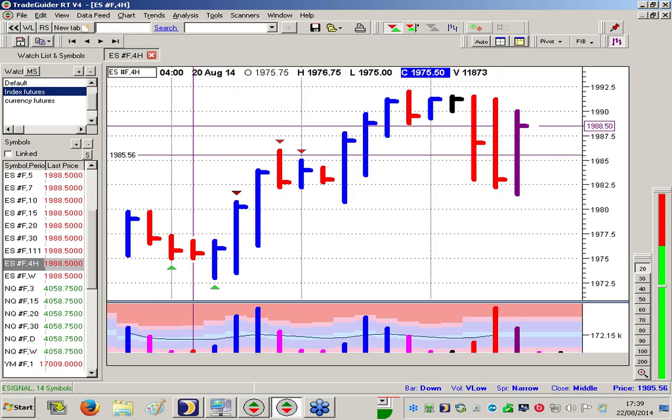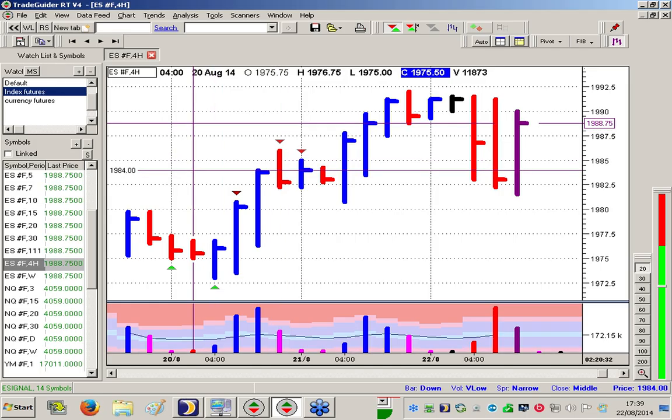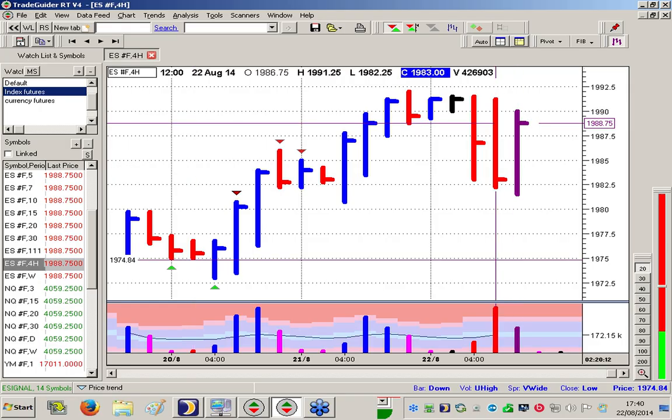Now, look, if you draw a line across there, right, lo and behold, there they go. They're testing that level, look. It's the level that's important. Look how they plummeted down here today, or whenever it was, 4 hours ago. Okay, they're testing that. And there is a bit of supply present.